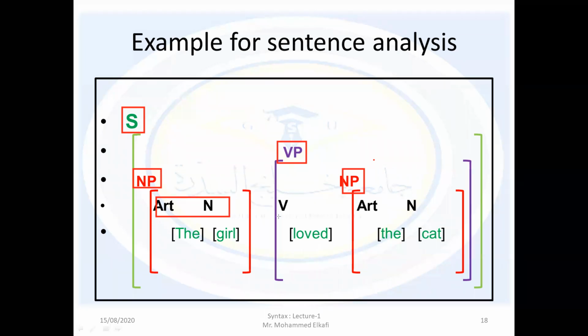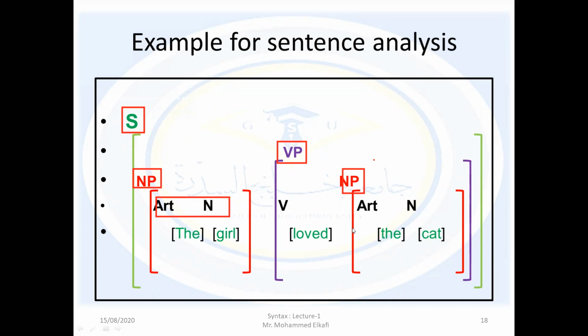So this is the verb, and this is the noun phrase. And inside the other noun phrase, we'll find article and noun.